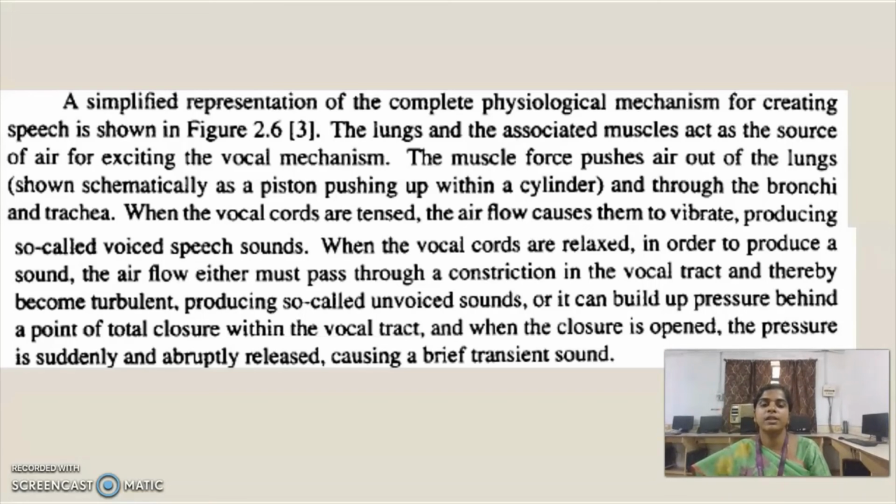So we classify sounds into voiced sounds and unvoiced sounds. When the vocal cords are not periodically vibrating, unvoiced, turbulent sounds are produced. On the other side, when the vocal cords are vibrating, this leads to voiced sounds.